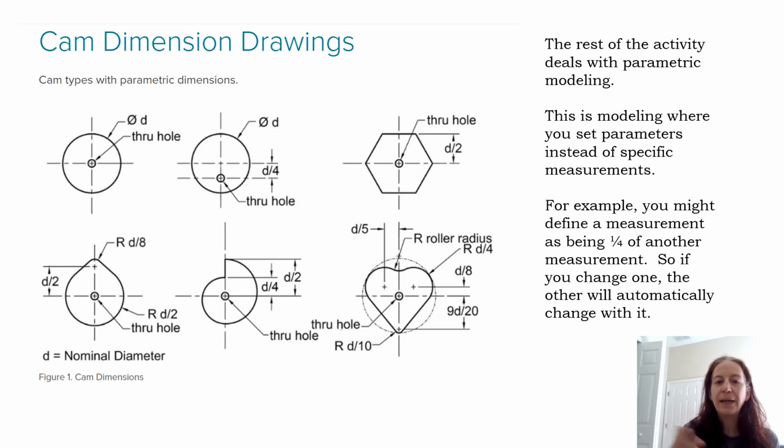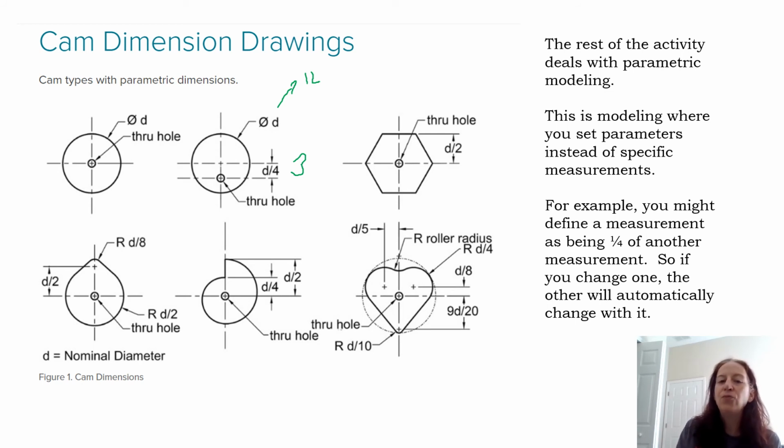So instead of saying, let's look at one of these cams here. Instead of saying, I want the diameter to be 12, and I want the distance from the center of the cam to the center of the hole to be 3, which 3 would be 1/4 of 12, instead, you would set the diameter to be a parameter called d, and then you would set that distance to be d divided by 4, or 1/4.